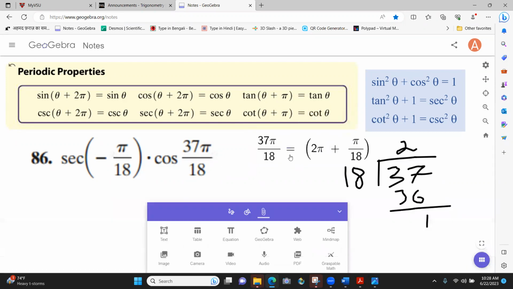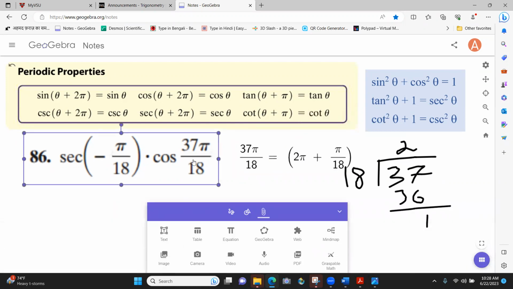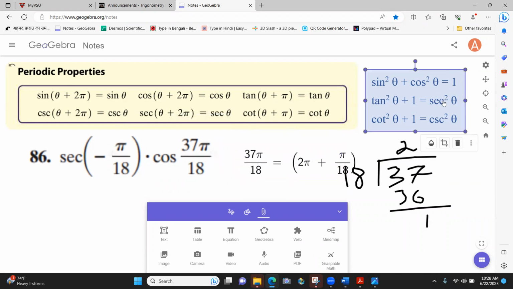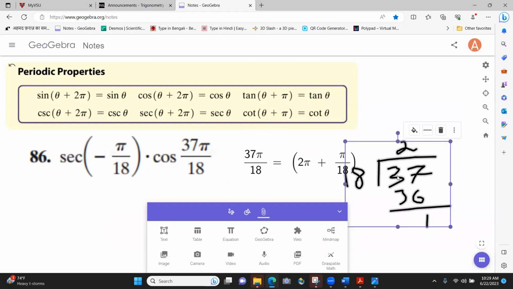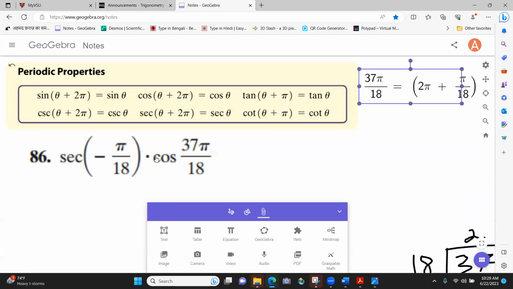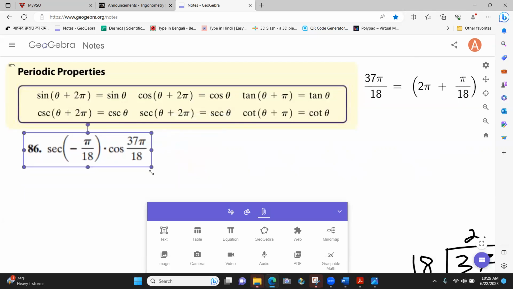And that's good news, because instead of 37 pi, I can actually write this. I can save it here in case you ask me how it was done. I'm going to go here and rewrite this very patiently.